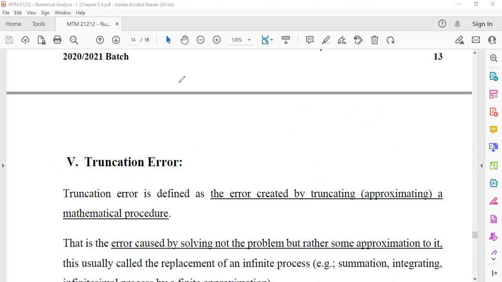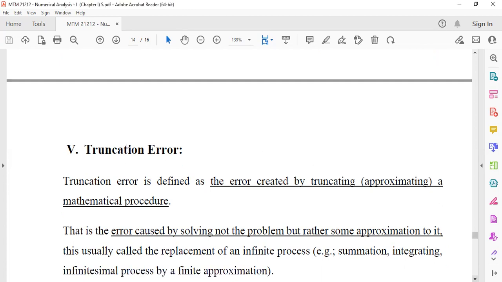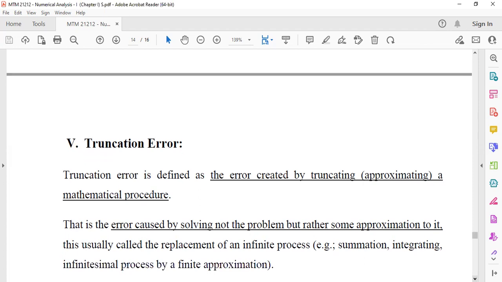So what do you think? The name itself is telling something, no? Truncation means, I think you may have heard this earlier as well. Truncation errors? Anyone? Even from seeing this you can answer me. Truncating means what? So many students in physics and all the other subjects also have this kind of term, no? What do you think truncating means?